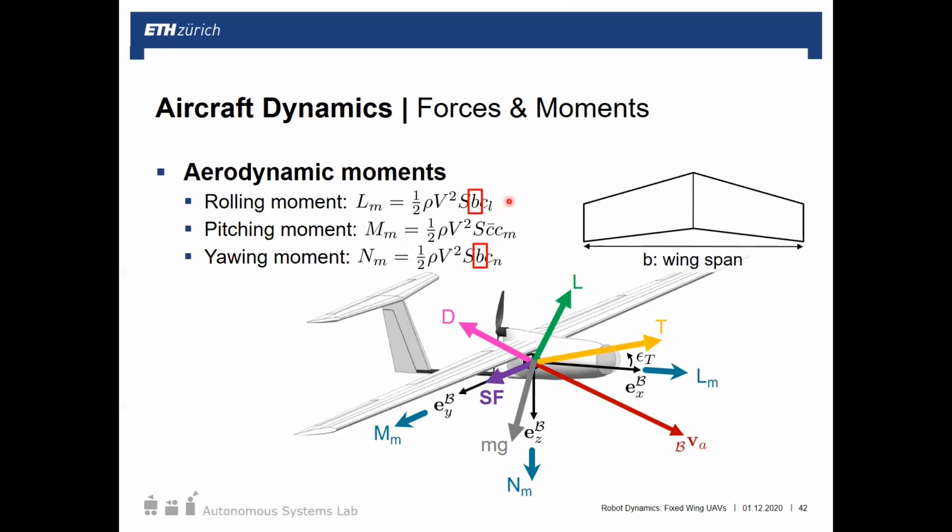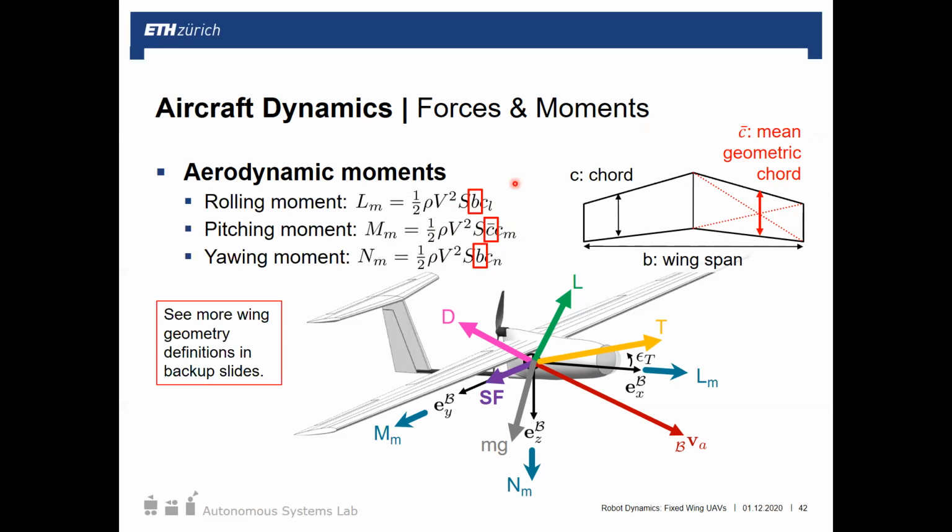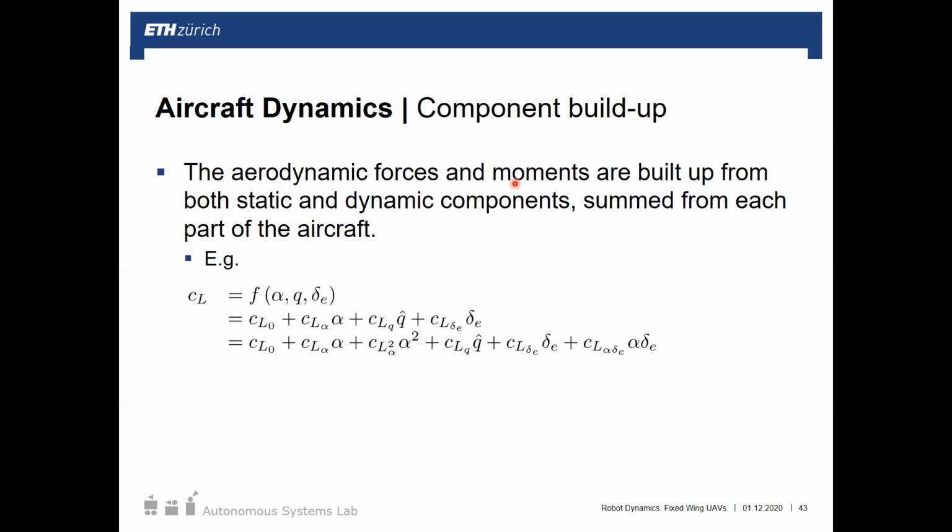It's just aero convention. Then there's the chord, which at any point in the wing could be different. Here we take the mean geometric chord, which you can calculate by drawing these lines and taking the center point. This mean geometric chord is then used for the longitudinal pitching moment normalization of the coefficient. There are some more details on this wing geometry in the backup slides if you're interested, but these are the main things you need to know.